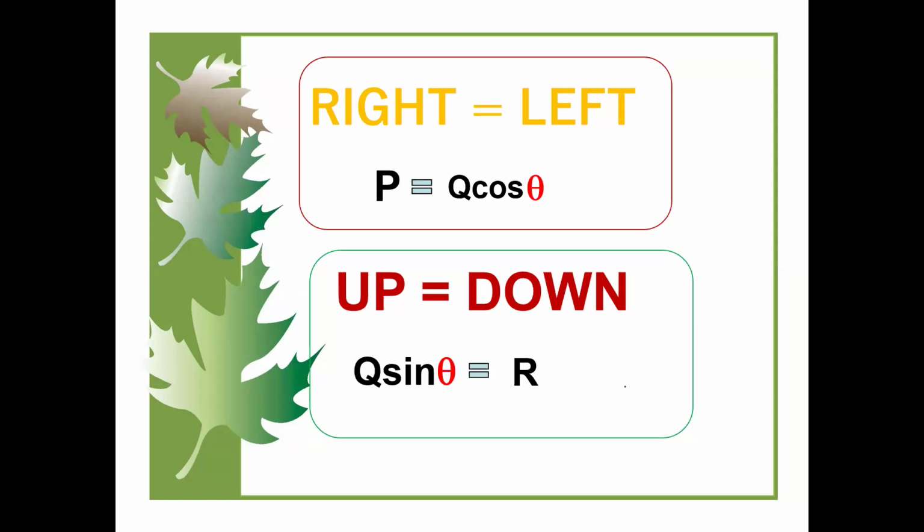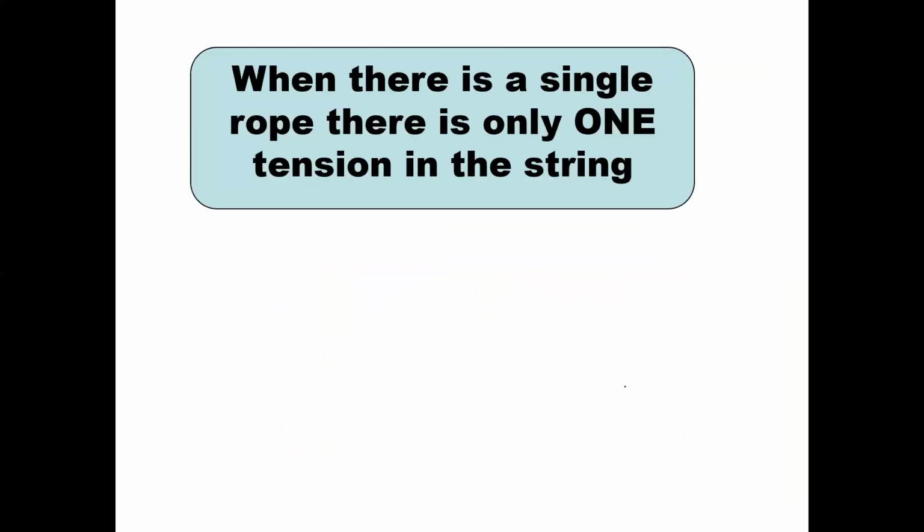You resolve the diagram, then up is equal to down and right is equal to left. These questions come like strings attached with objects, hanging objects. So we have some rules here.